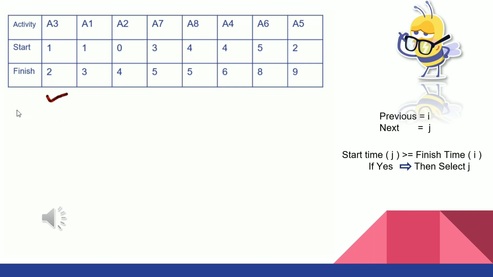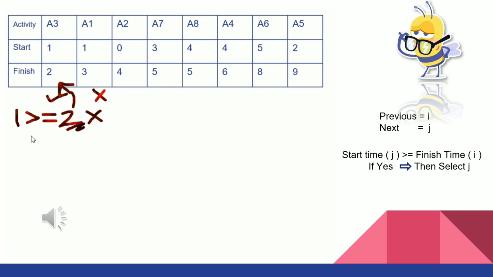Now let us take the second activity, A1. 1 greater than or equal to 2. Why we write like this is because we have the condition that the start time should be greater than or equal to the finish time. So this is the condition for the activity selection problem: 2 is the previous finish time and 1 is the start time. 1 greater than or equal to 2 is obviously false, so the activity A1 is not selected.